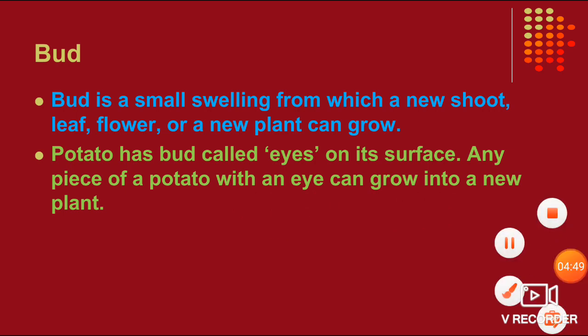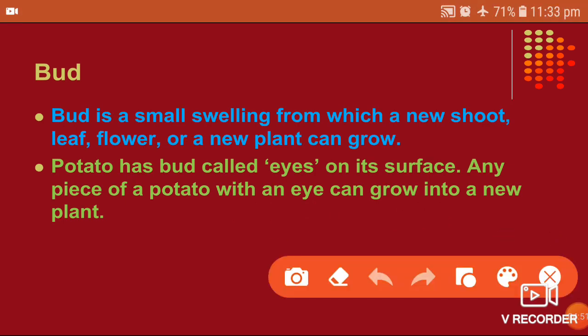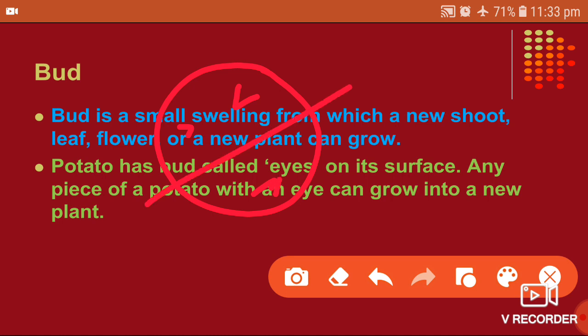Suppose you have a potato with eyes; if you cut that particular place and grow it, then you will get a new plant.